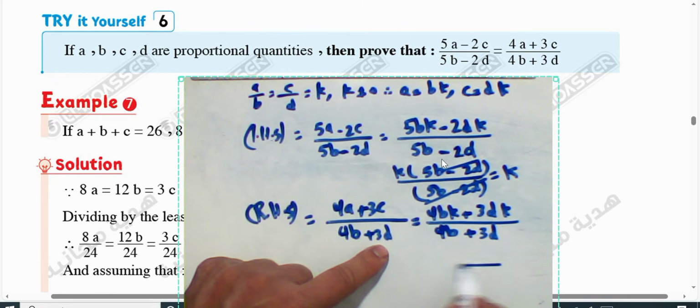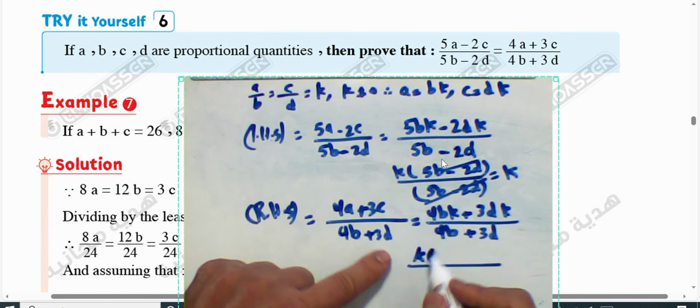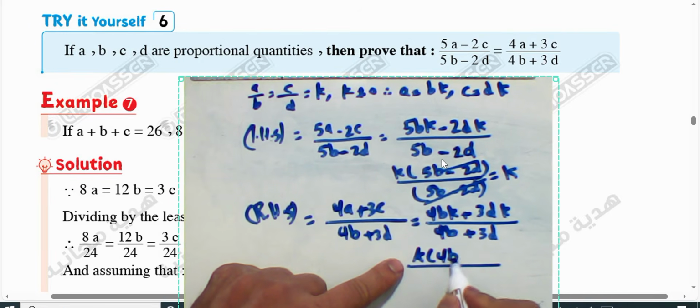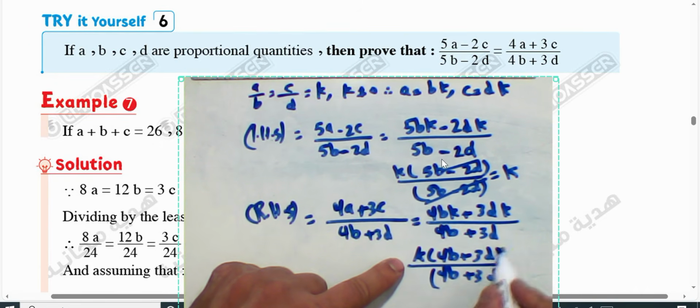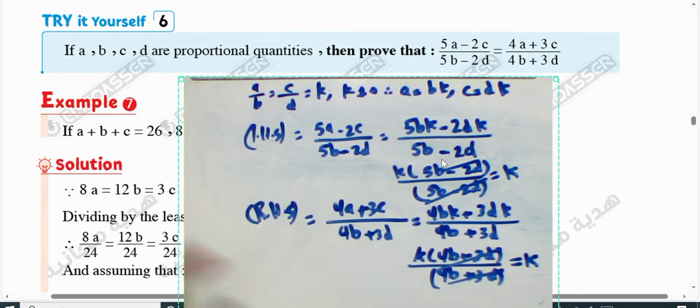Now we can write the highest common factor between two terms here, k. 4bk divided by k equals 4b, and 3dk divided by k equals 3d, over 4b plus 3d. You can simplify together, the result will be k. Then left hand side equals right hand side.